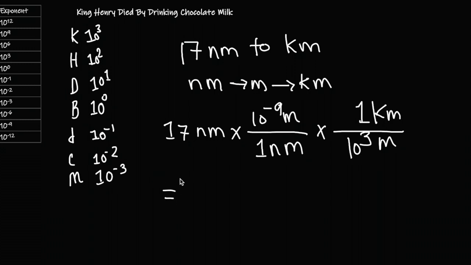So if we do the calculation for this, 17 times 10 to the exponent 9, and then we're going to divide 10 to the exponent 3. This will give us 1.7 times 10, and the exponent would be minus 11.